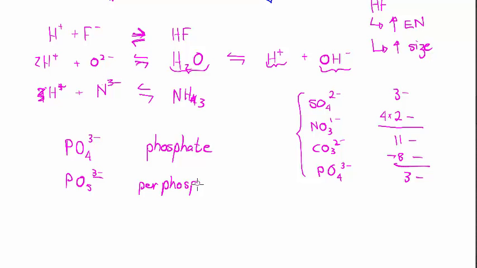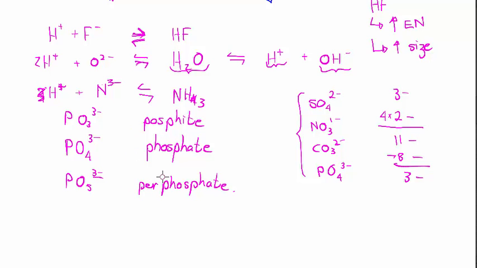And if we take away one, so PO3, it will still have the same charge once again, and it will now be called phosphite.